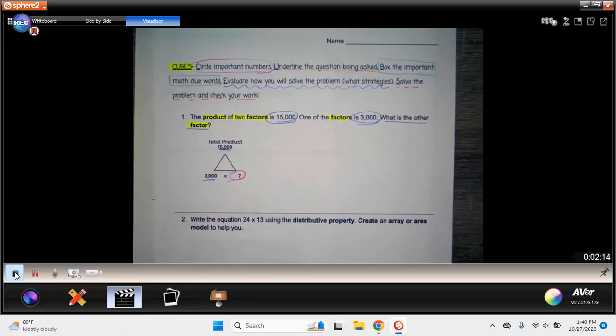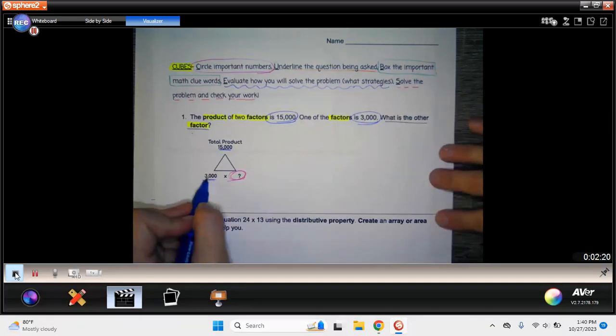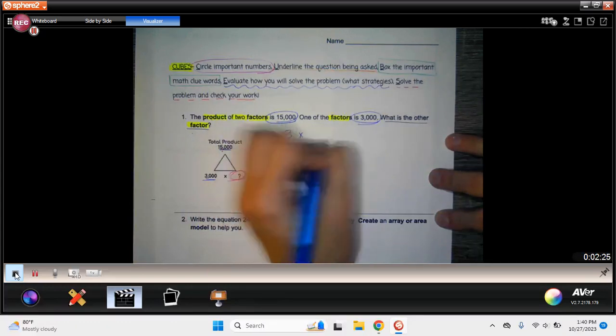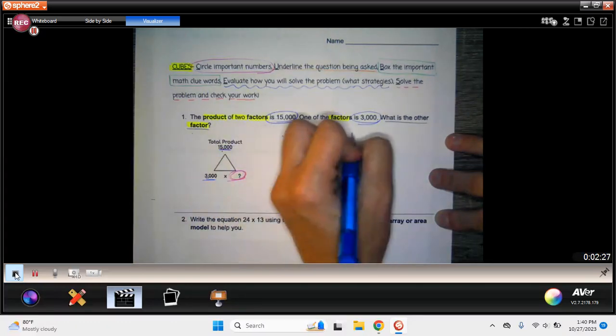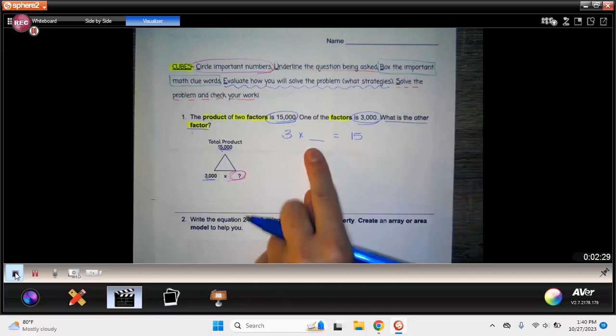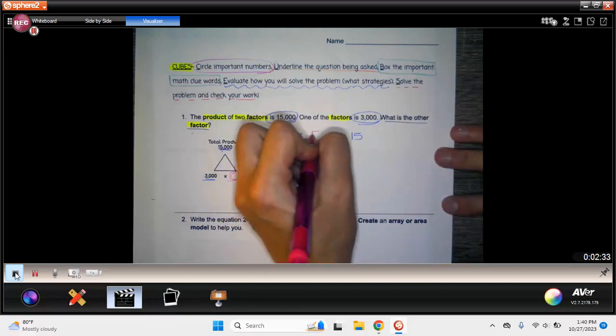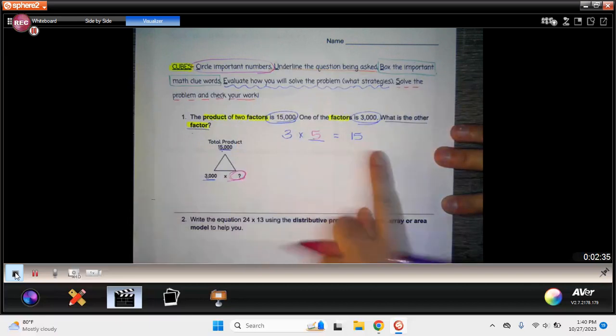The strategy that we have been learning is that we build up by using our basic math facts. So when I'm looking at this, I see 3 and I see 15. So I know that 3 times a certain number is going to equal 15. And I think about that and I'm like, oh yeah, I know it's 3 times 5 equals 15. But I'm not going to stop there.